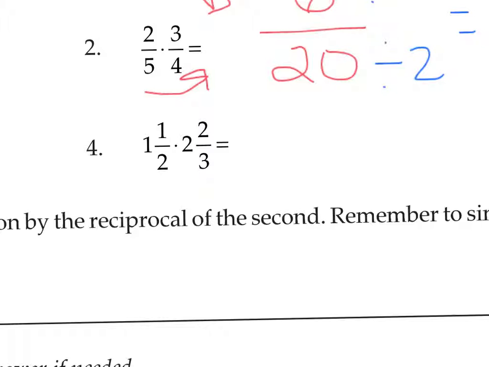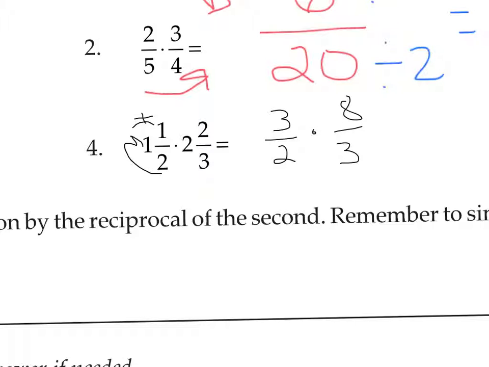Okay, so how do we multiply mixed numbers? And that's what these are, 1 1/2, 2 2/3. We have to first convert to improper fractions. So multiply and add gives us 2 plus 1 is 3, gives us 3 over 2 times 8 over 3.